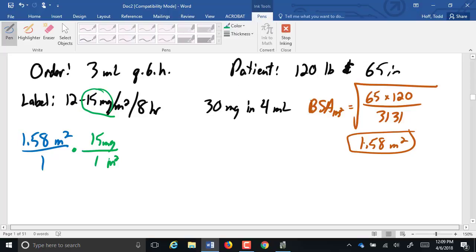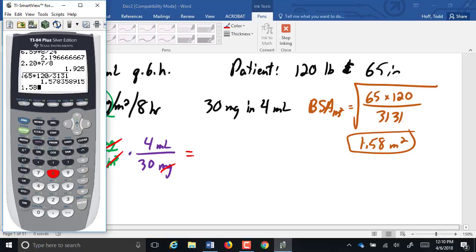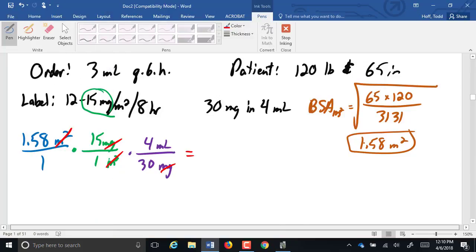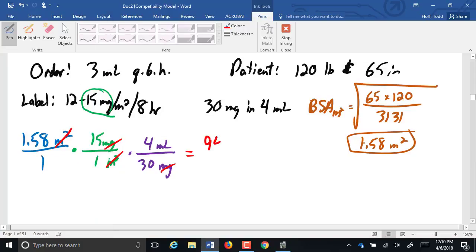Canceling out meters squared. And then we're going to go from milligrams to milliliters, 30 milligrams in 4 milliliters. So multiply that out. 1.58 times 15 times 4 is 94.8 milliliters.